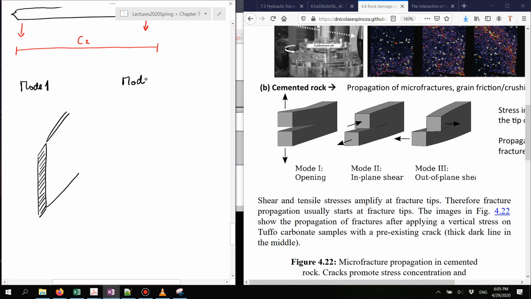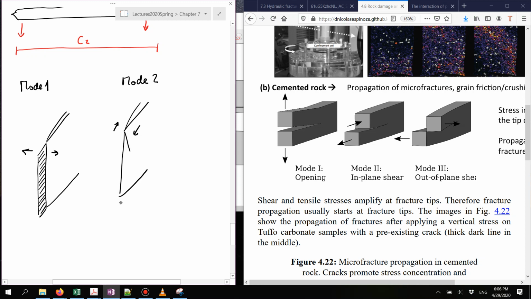If I had mode 2, and I had an initial vertical fracture which is propagating, and now next to that tip of the fracture I have a shear stress, the new fracture is going to tend to bend according to the direction of the new added shear stress.